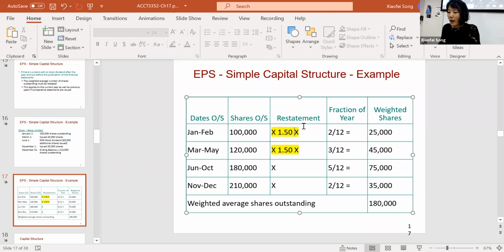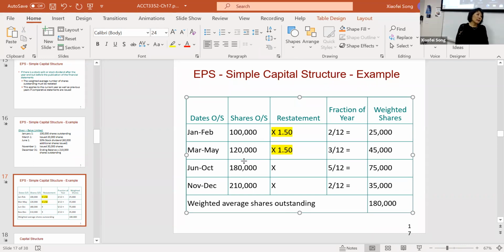Okay, because June 1st is the day that the stock split happened, or they call it stock dividend happened, from then on we count in new shares, where each share equals 1.5 old shares.